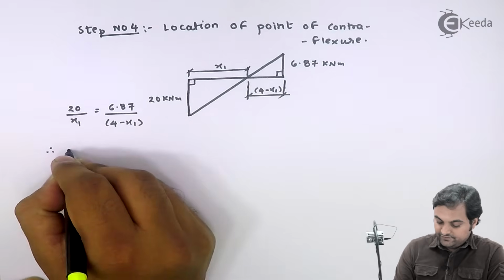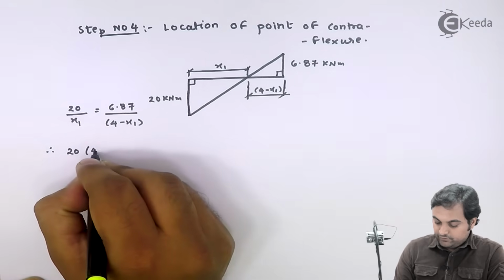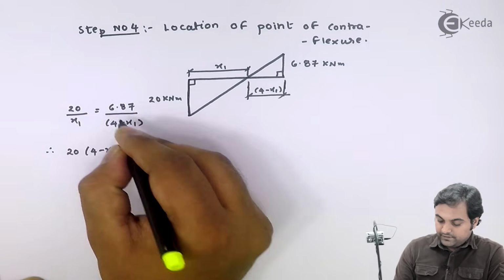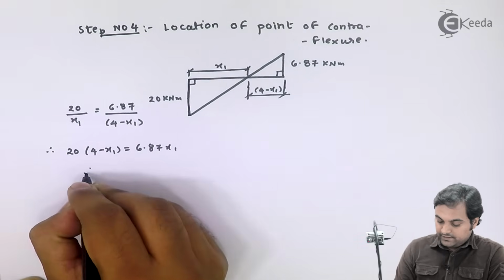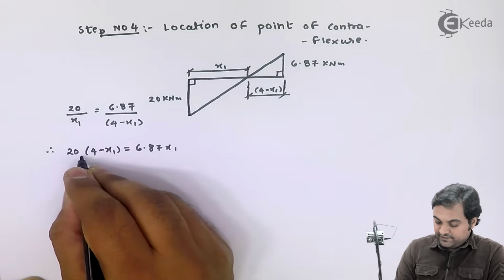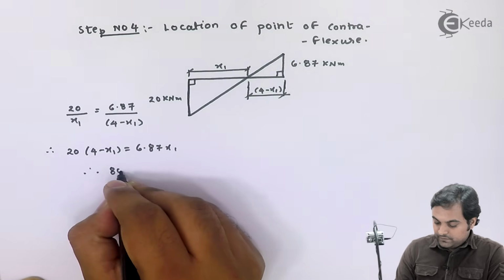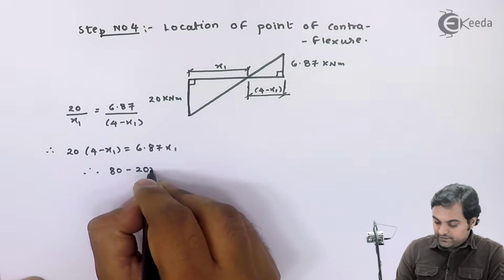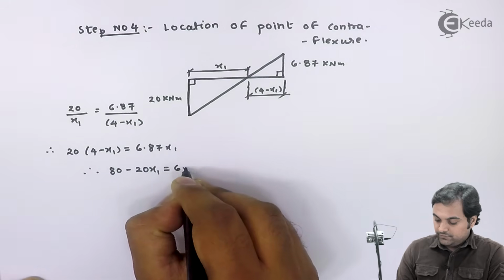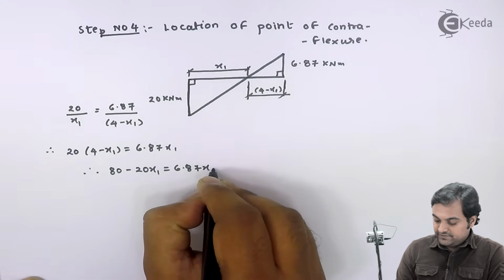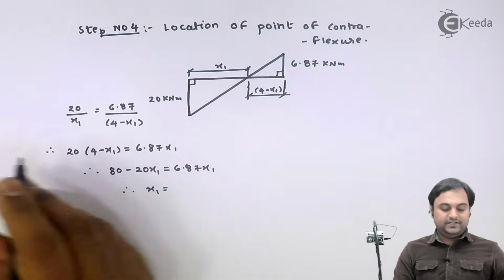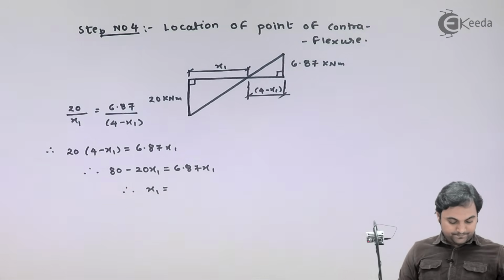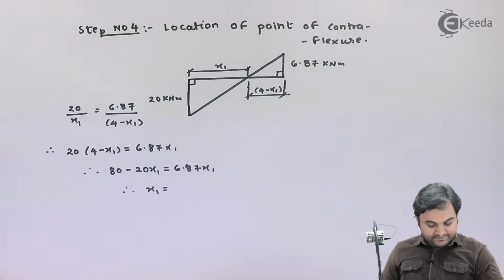So therefore I have 20 into 4 minus x1 is equal to 6.87 x1, and here if I multiply that becomes 80 minus 20 x1 is equal to 6.87 x1, and therefore x1 value, if I calculate, I will be getting this as 2.8 meters.